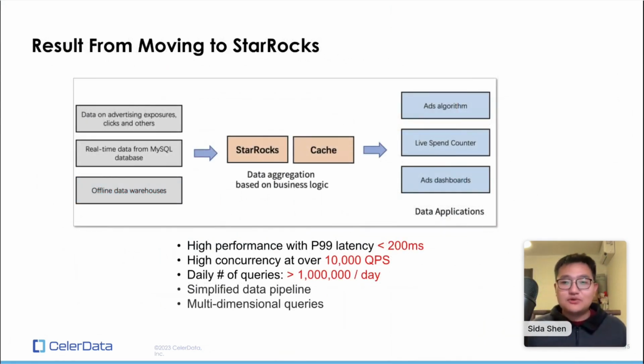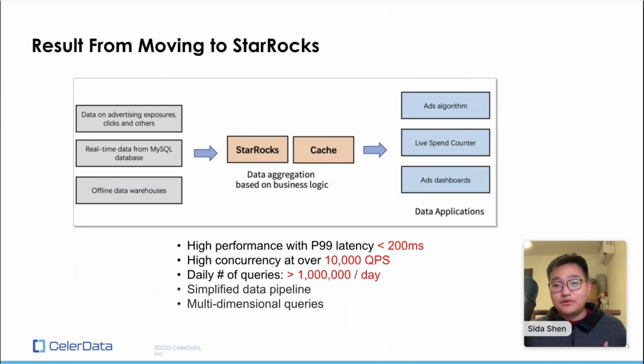Some of the results they had from the migration: their P99 latency with StarRocks was under 200 milliseconds, the concurrency capacity of their cluster is way over 10,000 QPS, and the number of queries they run a day is in the millions.